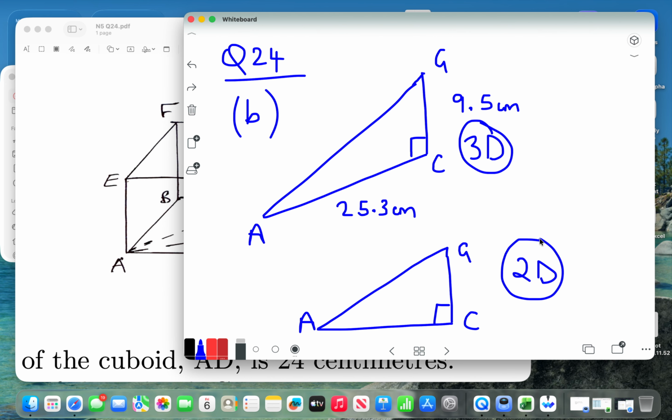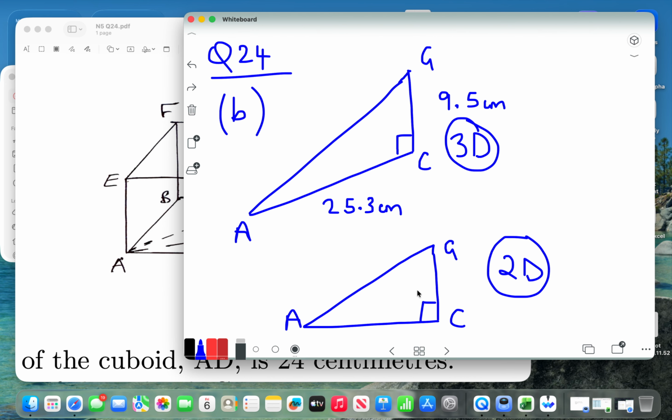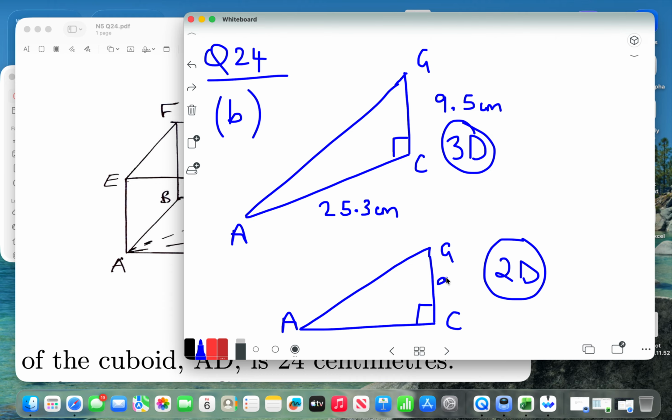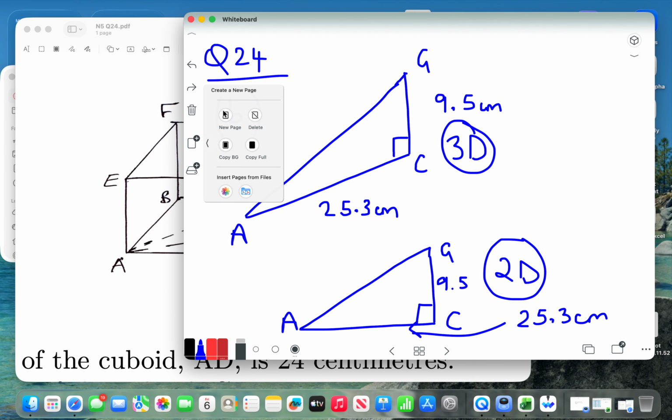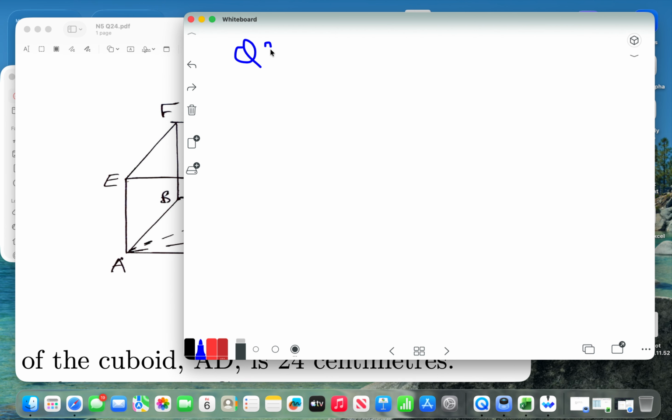So let's look at the 2D version. 9.5 and that is 25.3. We can find AG by again doing Pythagoras, and again AG is the hypotenuse.